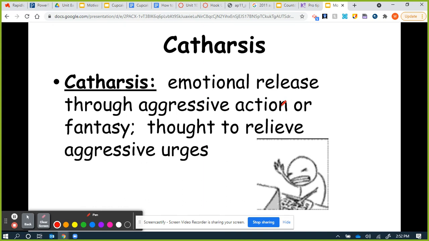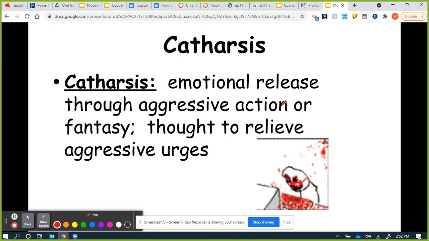Catharsis is emotional release. It was believed for a long time that being aggressive towards something actually made us feel less aggressive. What's called the catharsis hypothesis.